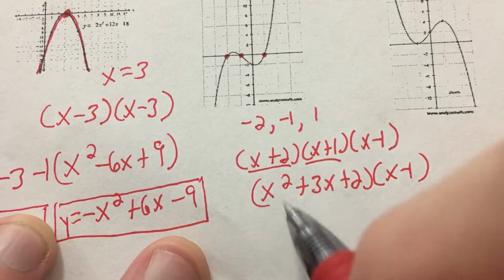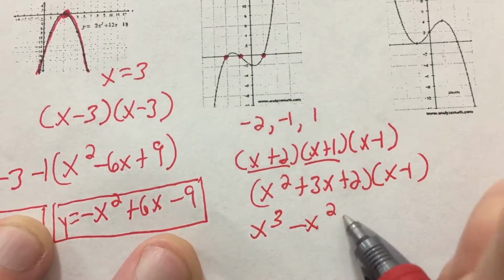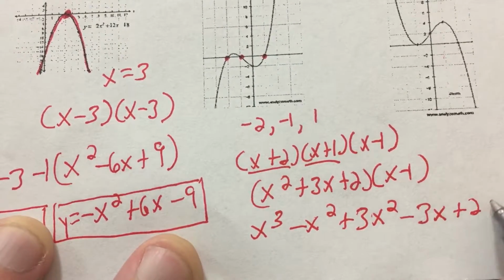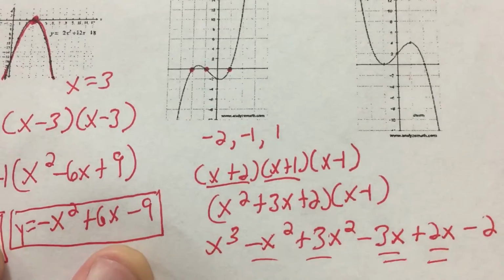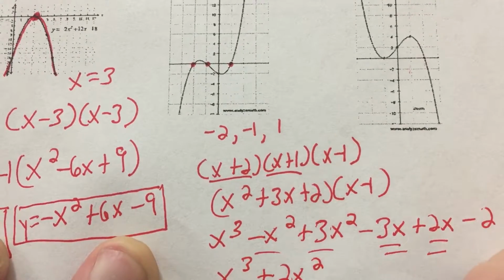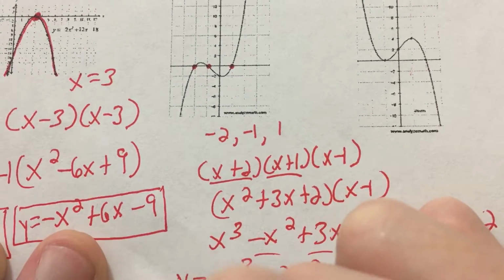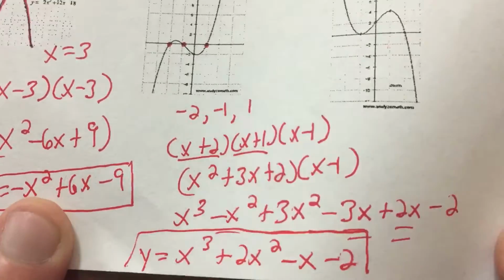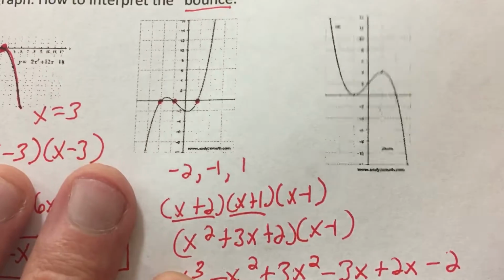Bring this one down, do this again: x cubed minus x squared plus 3x squared minus 3x plus 2x minus 2, like terms. So I end up with x to the third power plus 2x squared minus 1x minus 2. And I'm going to stick a y equals in front of that so that I have the entire equation. So those can get kind of long at times, but keep in mind, just bear with it one step at a time and you got it.